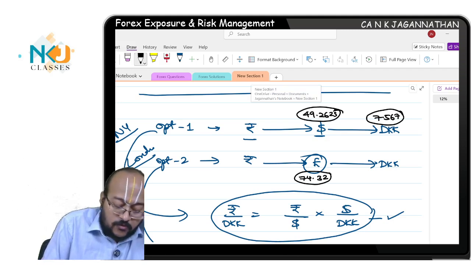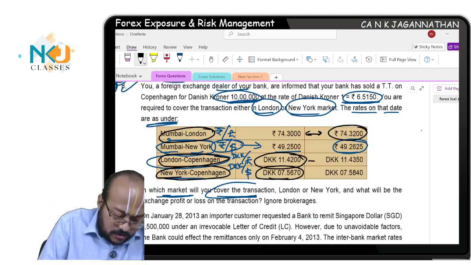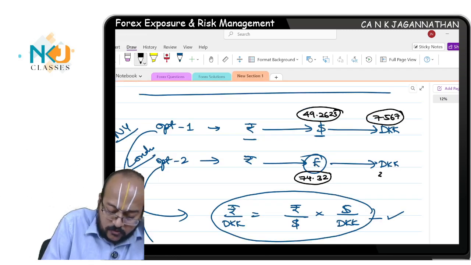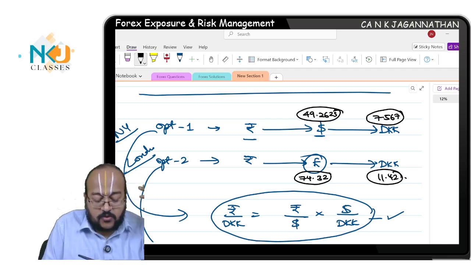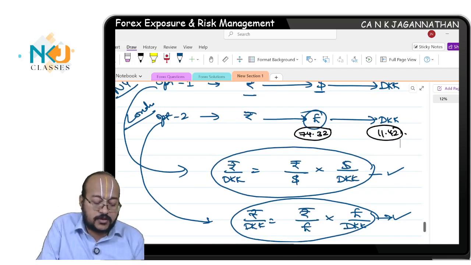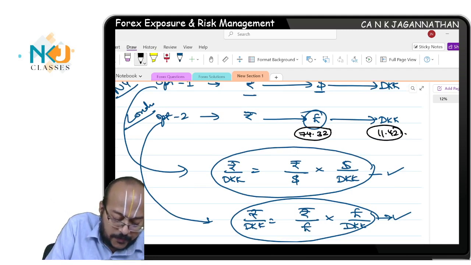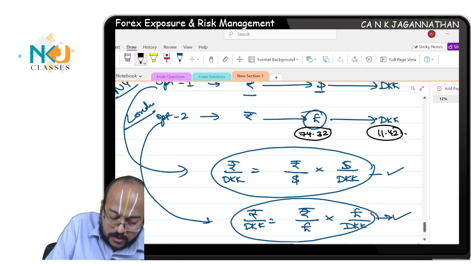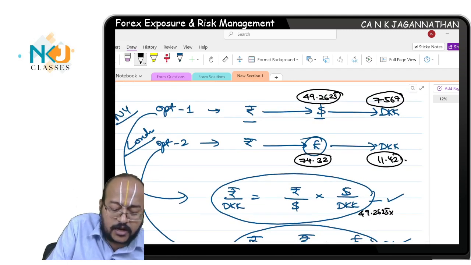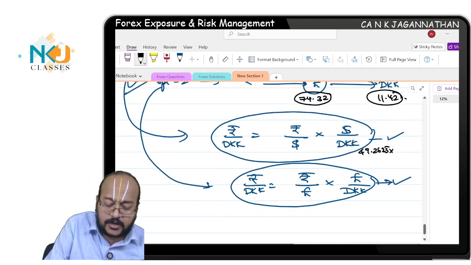Now, for DKK, what rate do I consider? 11.42. Now you will find the cross rate. Simply apply this. Dollar per rupee, how much will you consider? 49.2625. Into dollar per DKK. DKK per dollar is given, so per dollar per DKK, how to find?